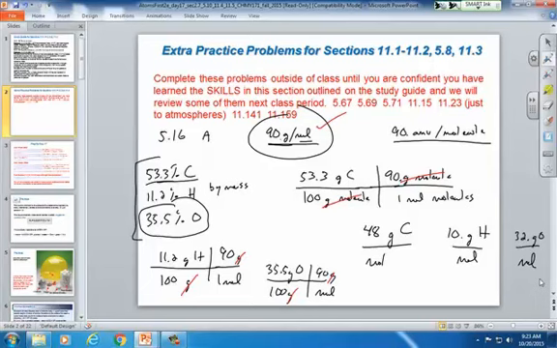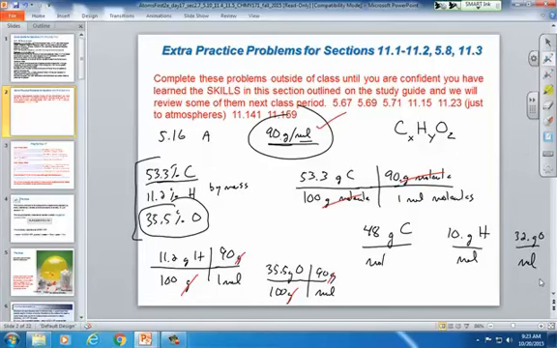So it's asking me to determine the formula for this substance. The formula for a substance, if the substance involves carbon, hydrogen, and oxygen, the formula is how many carbons, how many hydrogens, and how many oxygens are there in each unit of this substance or in each molecule, right? That's what the formula is.